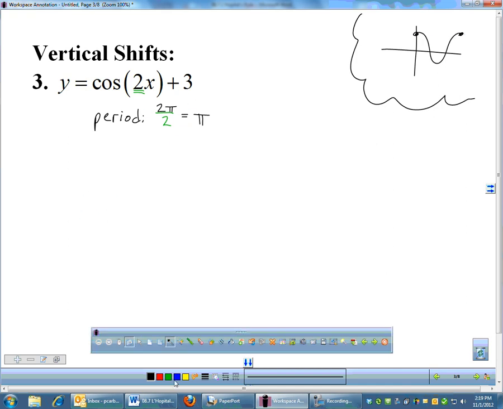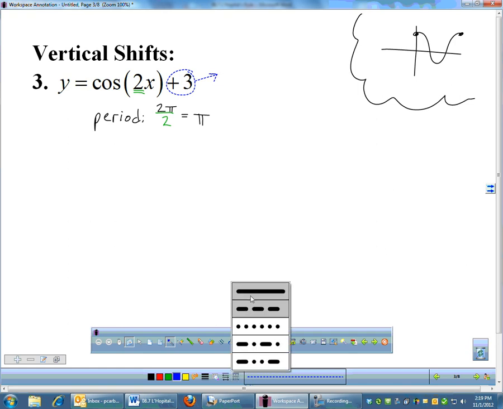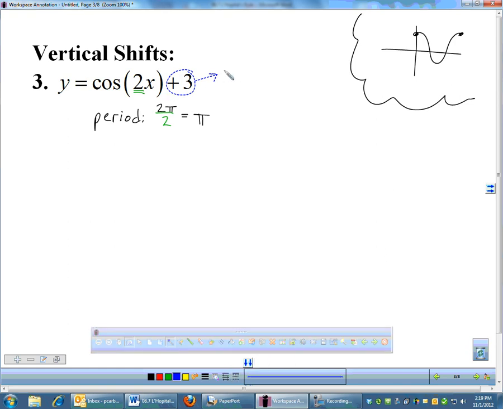Only this one, if you notice, has a plus 3 on the outside. Just like any other function, if you remember your transformations, if you add 3 on the outside of the function, that is a shift up 3.